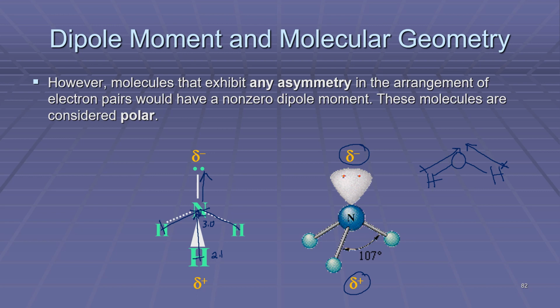So overall, if you were to add these two vectors, let's try that one more time. Overall, it does this, where this end is negative and this end is positive. And so it's a sum of vectors. And remember, water is bent because of the unshared pair. So there's nothing coming from the other way to balance out these vectors. And so that's why the molecule is polar.